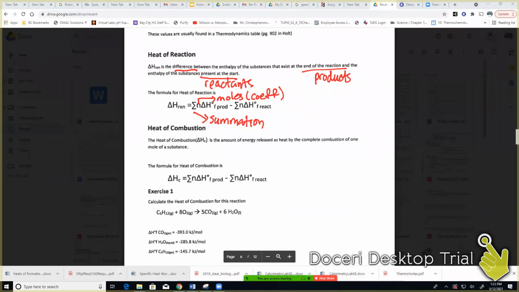So that's for our heat of reaction. Like I said, our heat of combustion is very similar, except it just happens to be with some type of combustion reaction. But you can see your calculation is exactly the same, whether I'm doing my delta heat of reaction or my delta heat of combustion. You're going to still do the exact same calculation.